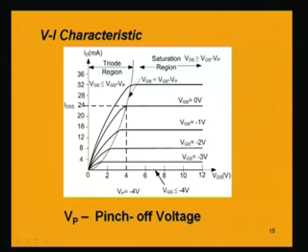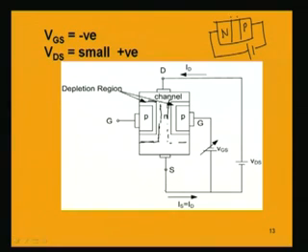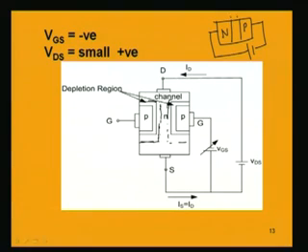One important point here is that you cannot apply VG as positive, because if we apply a positive gate to source voltage, the current will not be controlled by the gate to source voltage. The gate to source voltage will be losing its control over the drain current. Let us visualize that this gate and source is having a positive voltage.